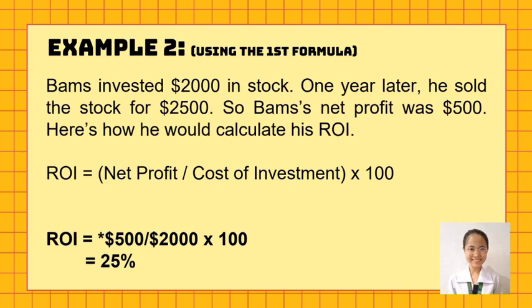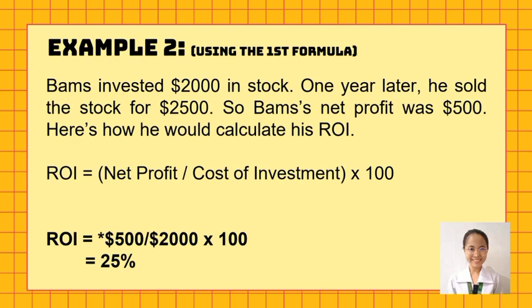Our second example still uses the first formula, which is ROI is equal to net profit divided by cost of investment times 100. Bambs invested $2,000 in stock. One year later, he sold the stock for $2,500.